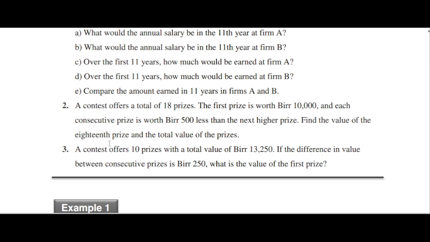Find the value of the 18th prize and the total value of the prizes. So here we have given things. This is the initial value A1 and the common difference will be minus 500, since each prize is worth $500 less than the next higher prize.